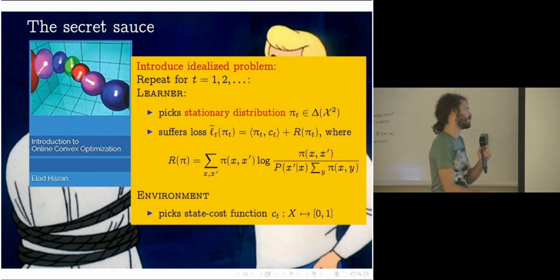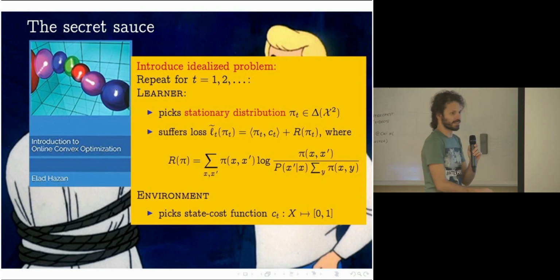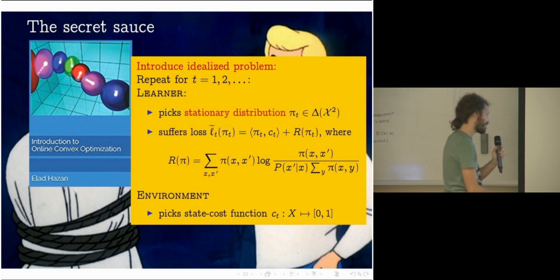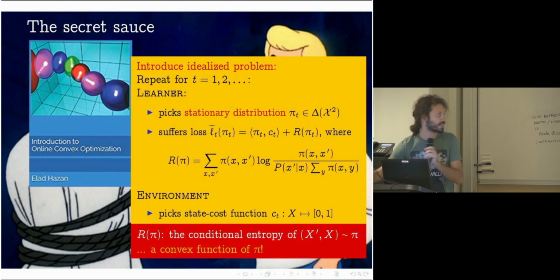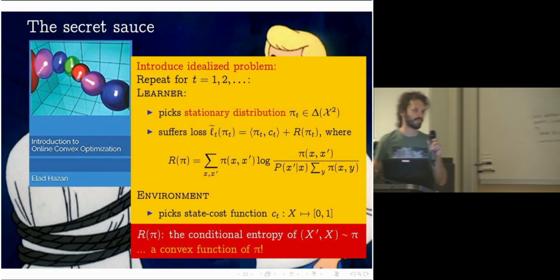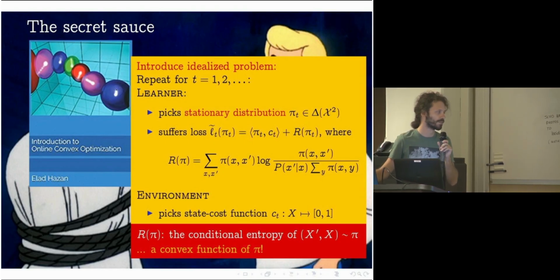If you just look at this function, it is still not very obvious that this is a convex function, right? Because this pi log pi component is convex, sure, but it is still normalized by pi of y. The key insight for us was showing that this is actually a convex function, and a nice and smooth convex function.